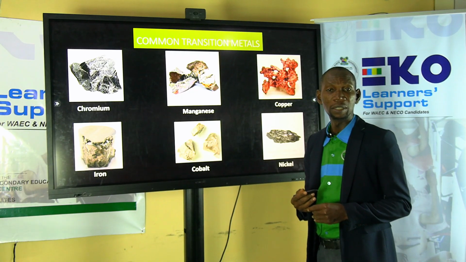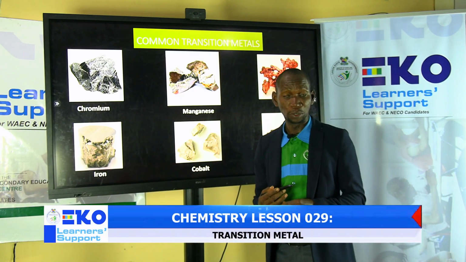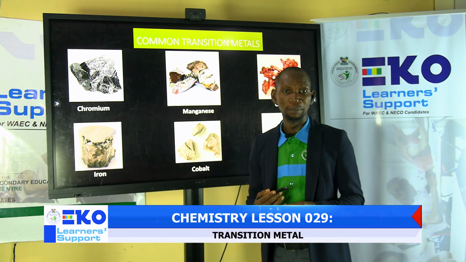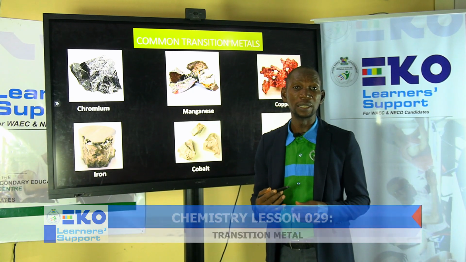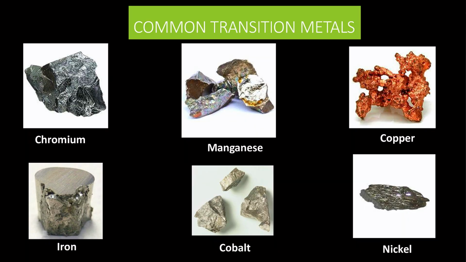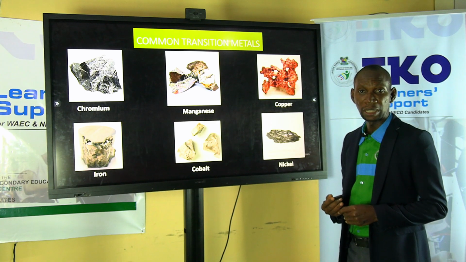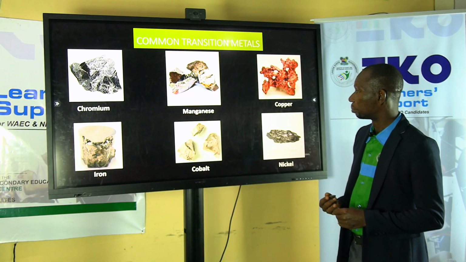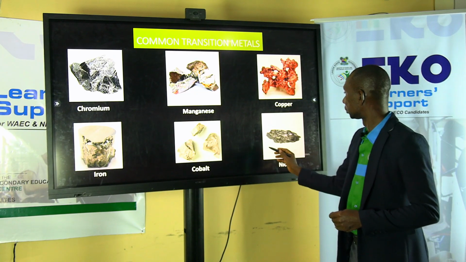Although copper is not the best electrical conductor, the best electrical conductor is silver. But because silver is expensive, copper is the second best. Iron, cobalt, nickel. So these are common transition metals. And you can see that they are brightly colored.